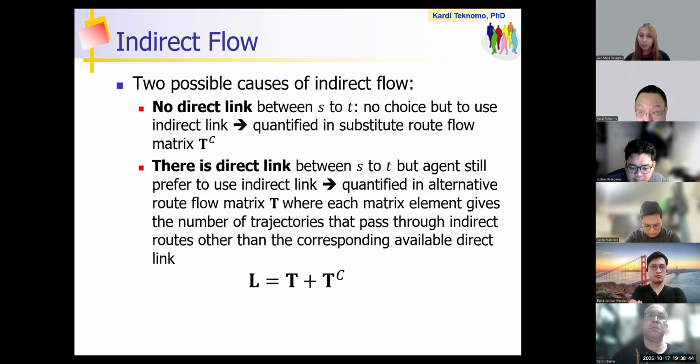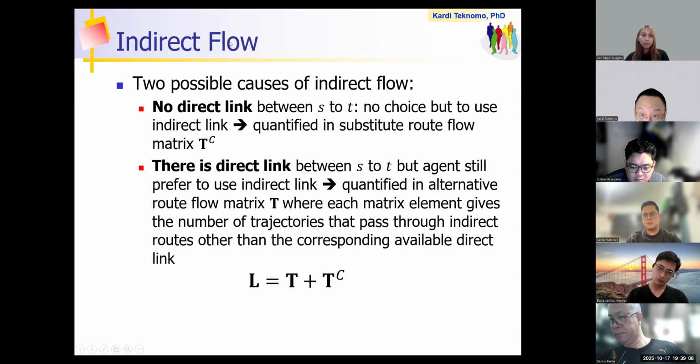What happens if there is a direct link between the two nodes S and T, but the agent still prefers to use the indirect link? That means alternative, right? So they can use either the direct link or the indirect link.